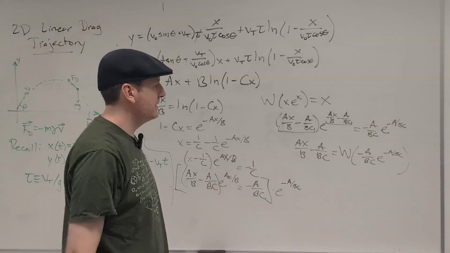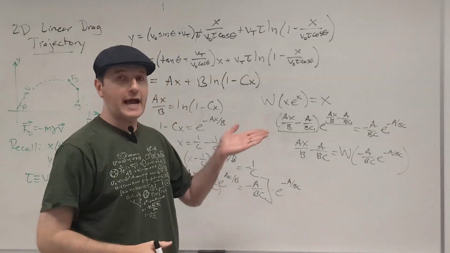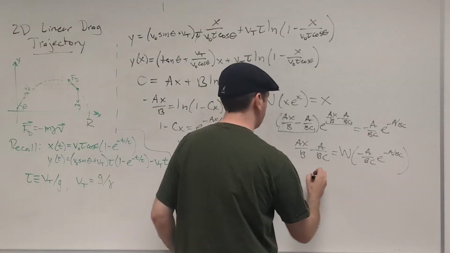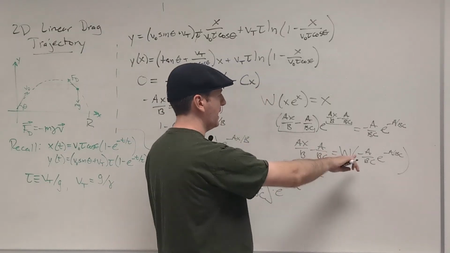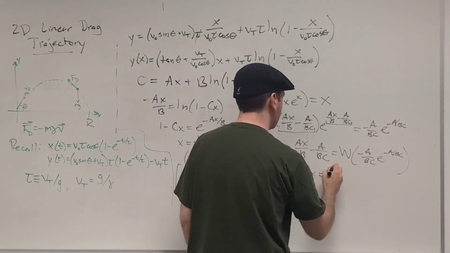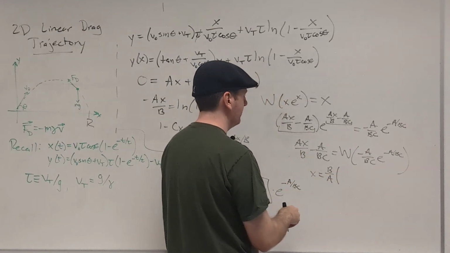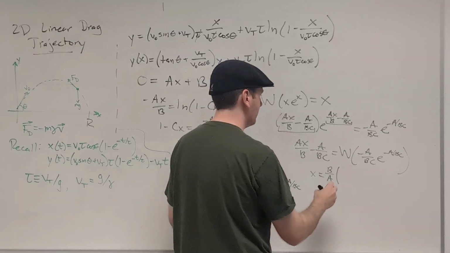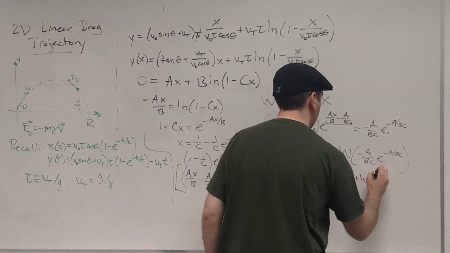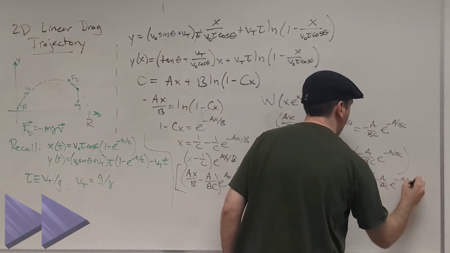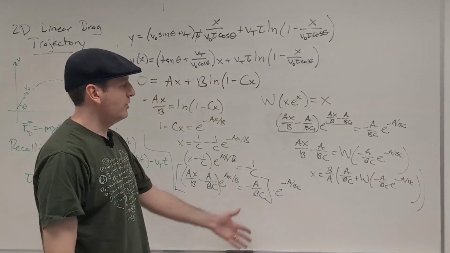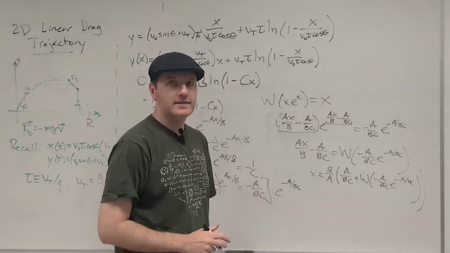All right, now it's just a little bit of minor algebra to solve for x itself. Let's see, I'll add that over and then multiply by b over a. And I'll go ahead and factor this out. What will we have? Okay, so there it kind of is.